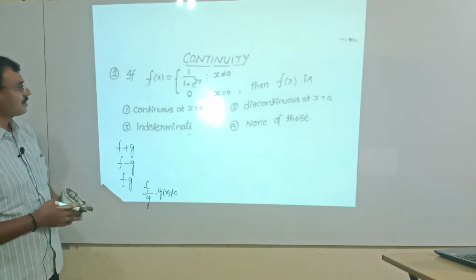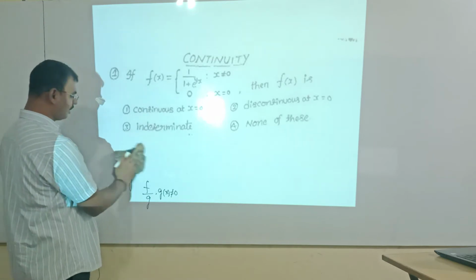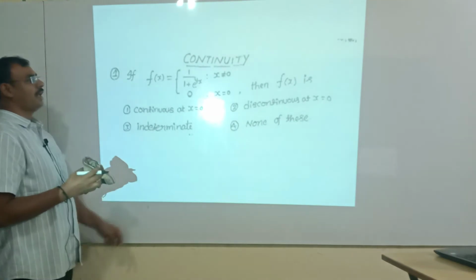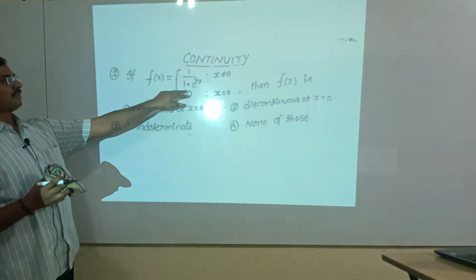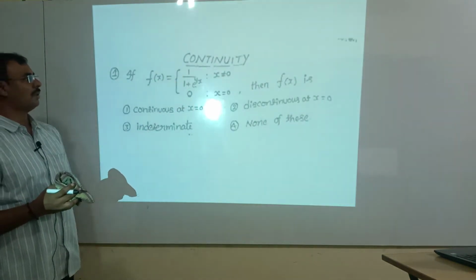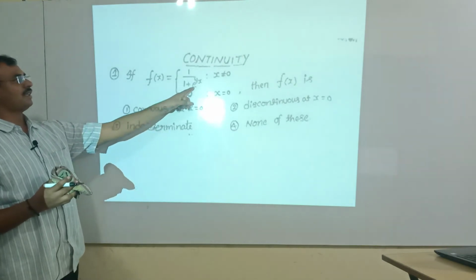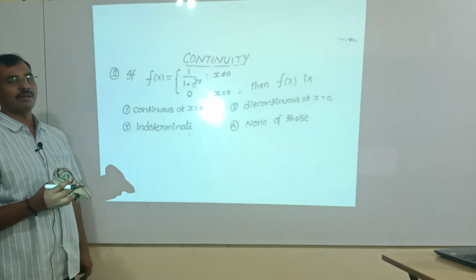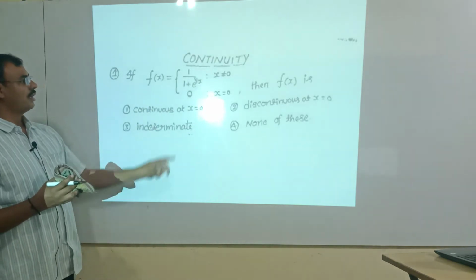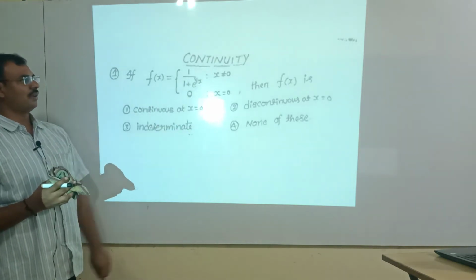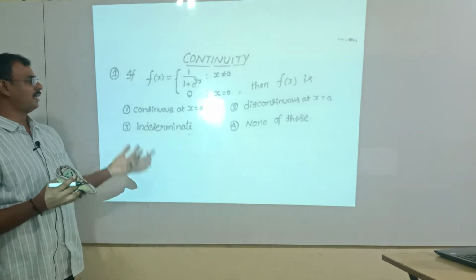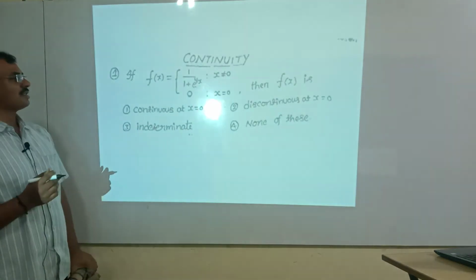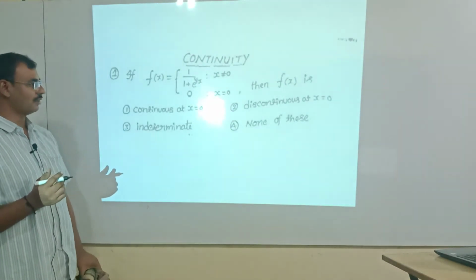Now we have to start the questions. Question number 1: if f of x is equal to 1 upon 1 plus e raised to 1 by x, if x is not equal to 0, and 0 if x is equal to 0, then f of x is... How do we check whether the function is continuous or discontinuous?